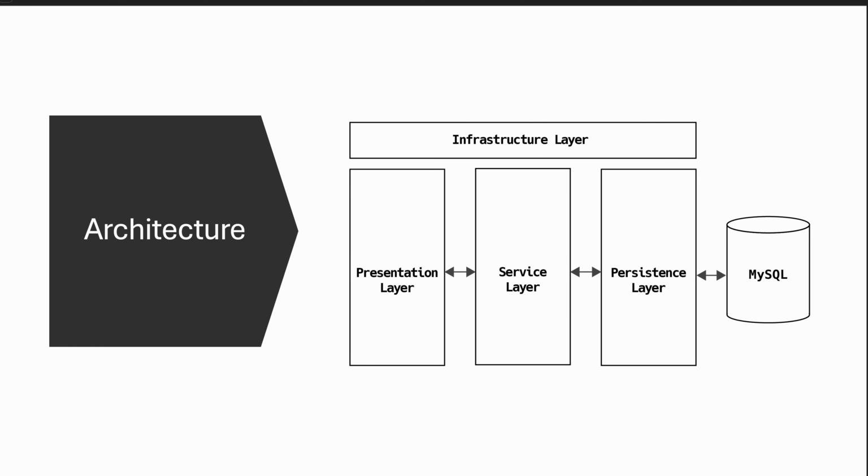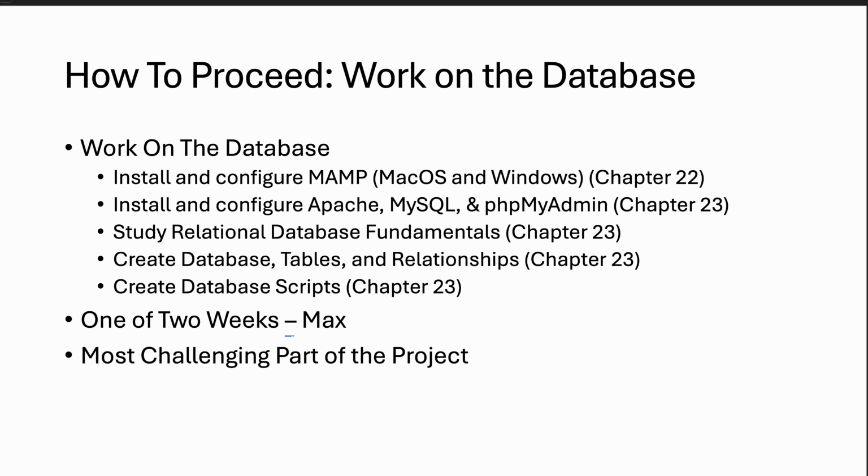If you're using something besides Debian, then you're on your own, but it's not hard. If you're running Linux, I assume you know how to do that. So this shows you the structure of what you have in front of you: a presentation layer, a service layer, and a persistence layer. We haven't yet talked about the infrastructure layer, which we will in the coming weeks.